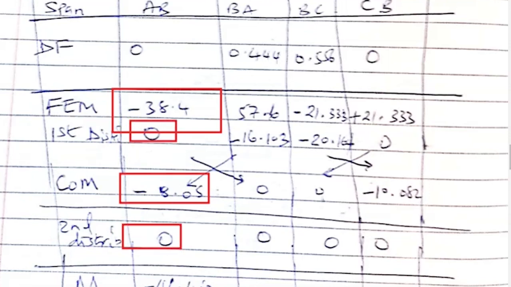So the value you got is a negative 46.452 kilonewton meter.